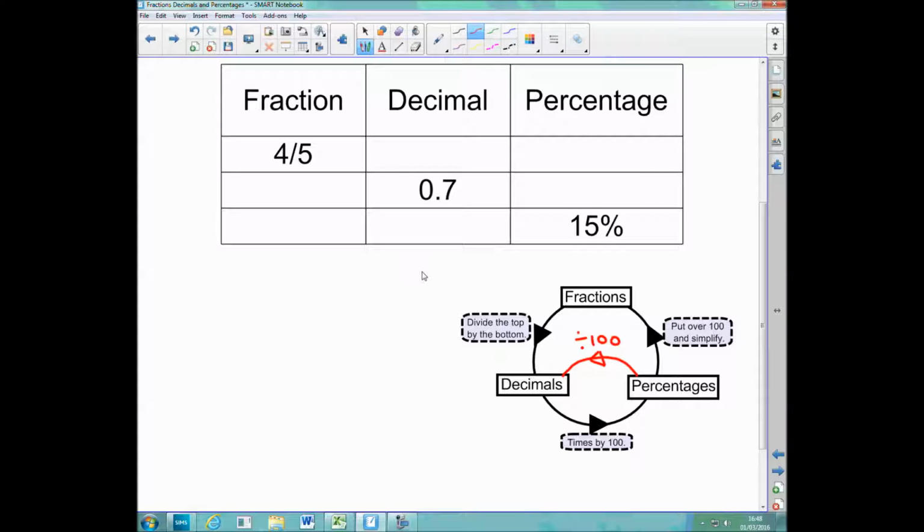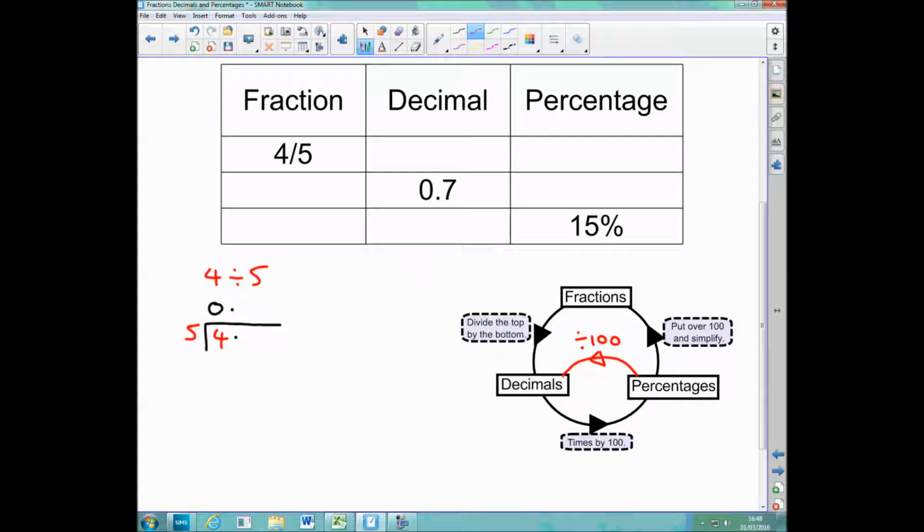Okay, so hopefully you've had a go at this now. So let's do the top line first. Firstly we want to change 4/5 to a decimal. So if you remember, that is 4 divided by 5. Put your bus stop in. 5's doing the dividing, 4 is being divided. We start off with 0, put our points in.